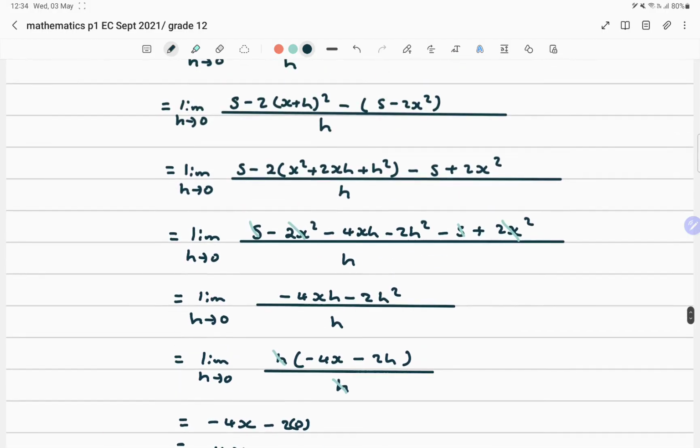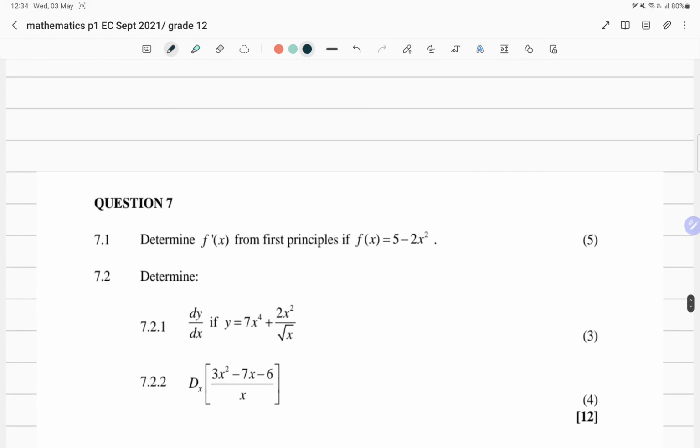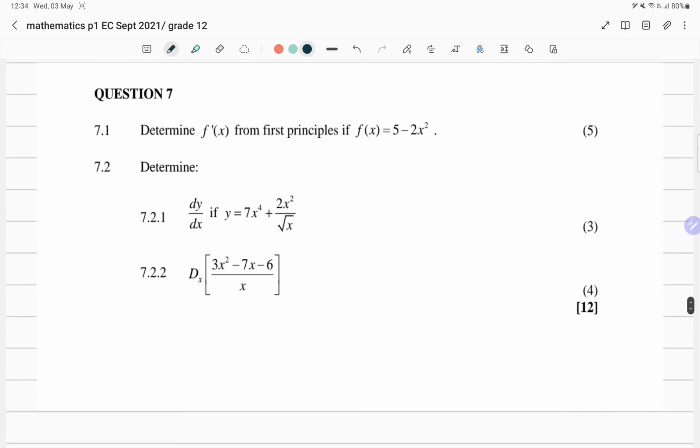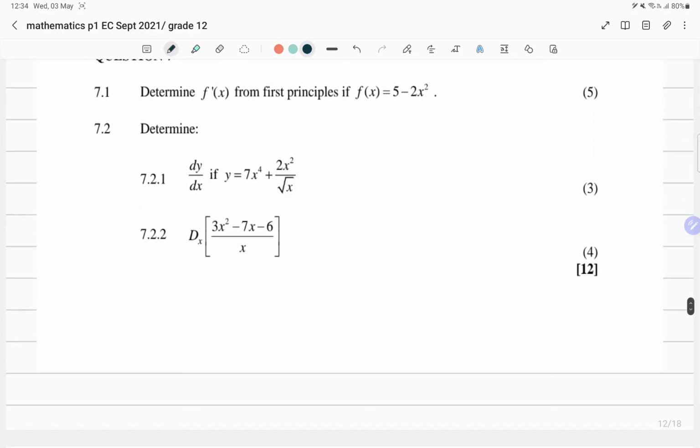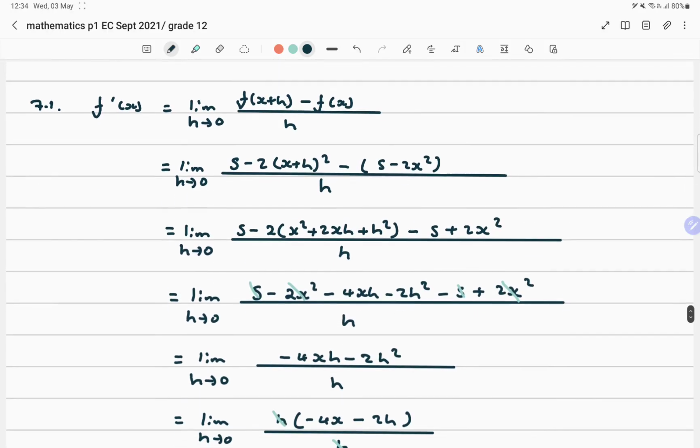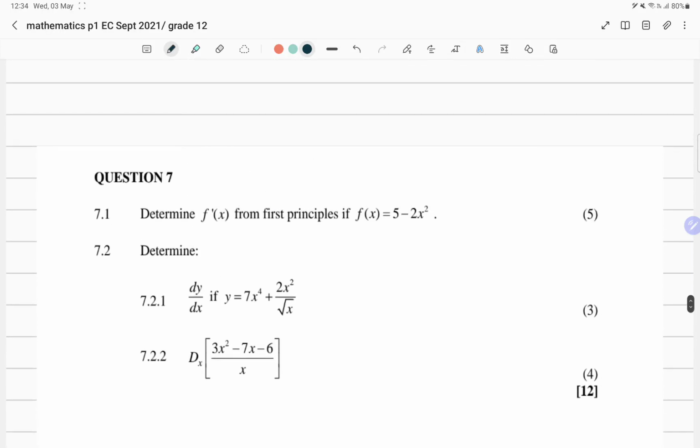Okay guys, let us move on. What is the next one? Here we're just going to use the rules. We're told to find the derivative dy over dx if y is equal to that. Easy. We need to sort our y first.